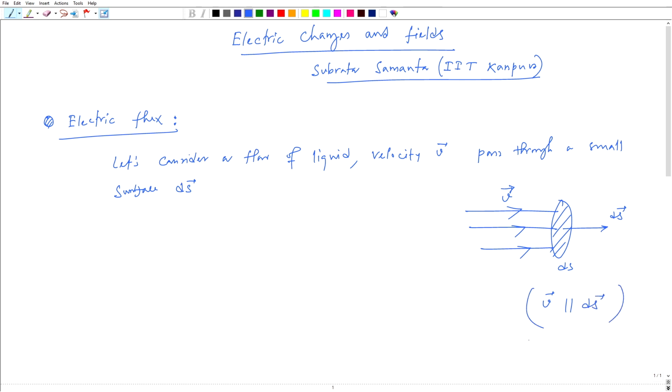So consider a surface that is perpendicular to the flow of the fluid. We want to ask what is the rate of flow of liquid.